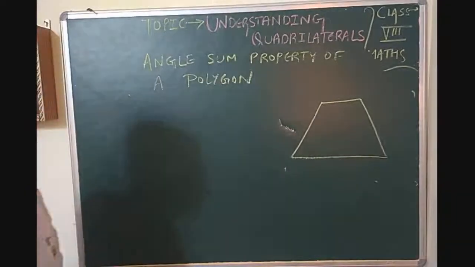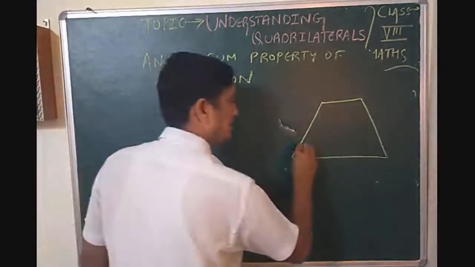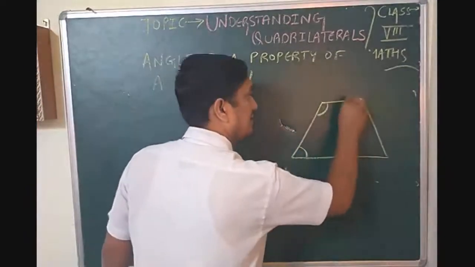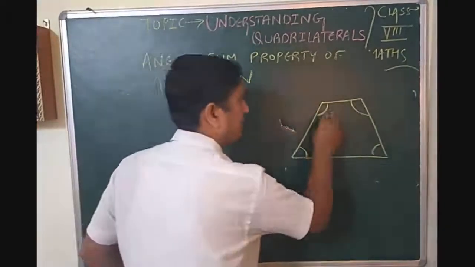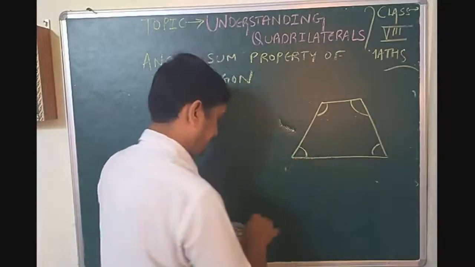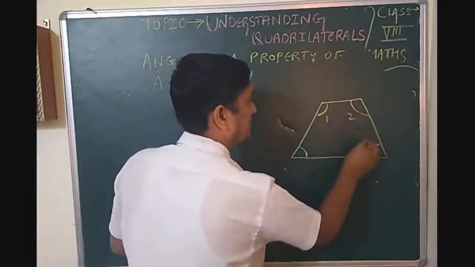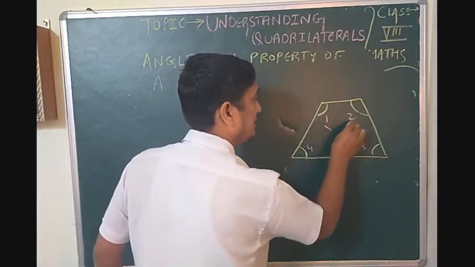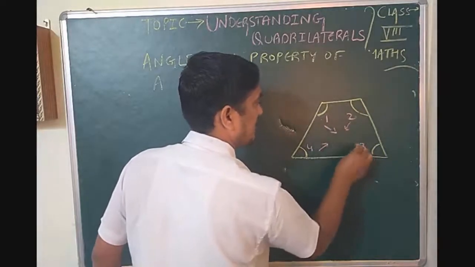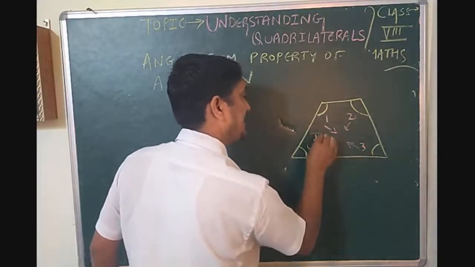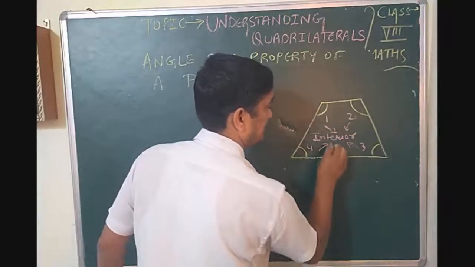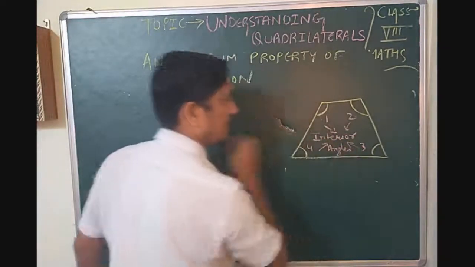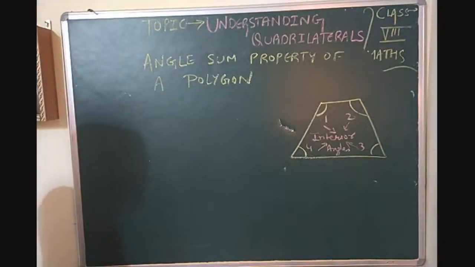So these are the angles, these four angles: angle 1, angle 2, angle 3, angle 4. All these four angles are the interior angles.